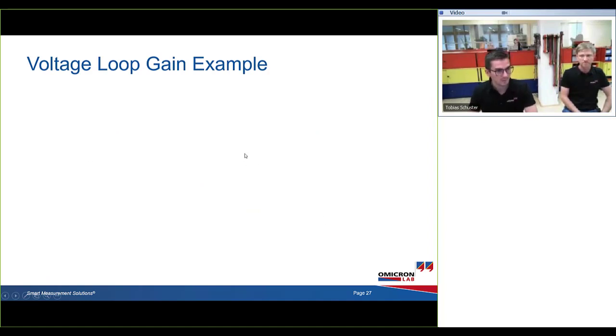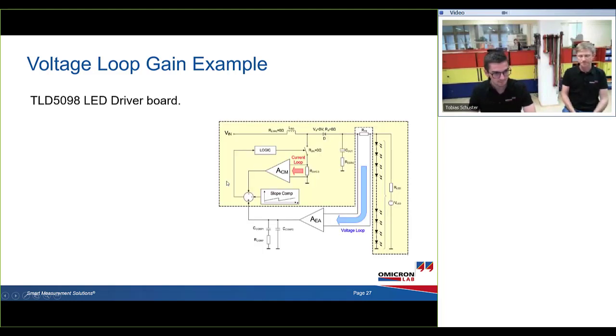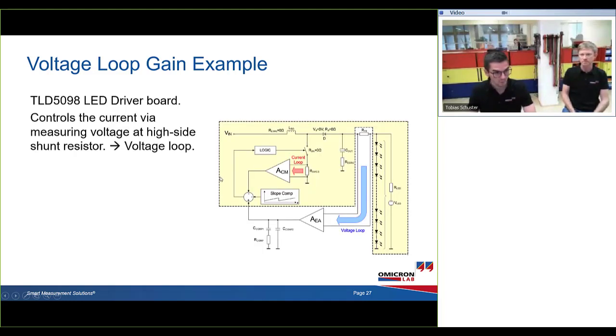A further example, a voltage loop gain example. There we have an LED driver board which has a current output, a high side shunt resistor, and which goes to the amplifier, the op amp.